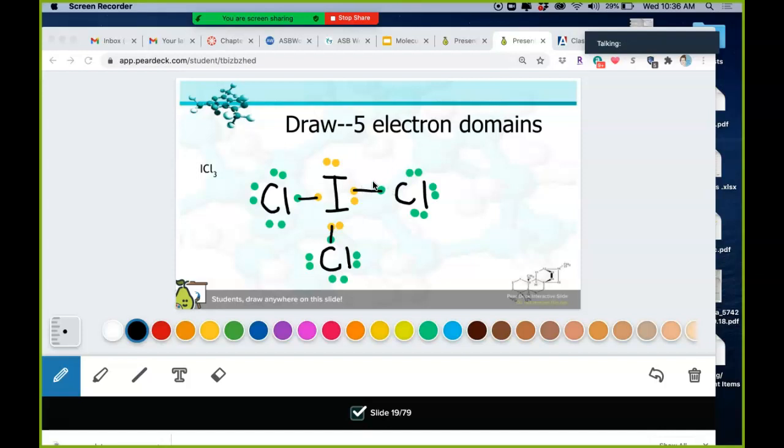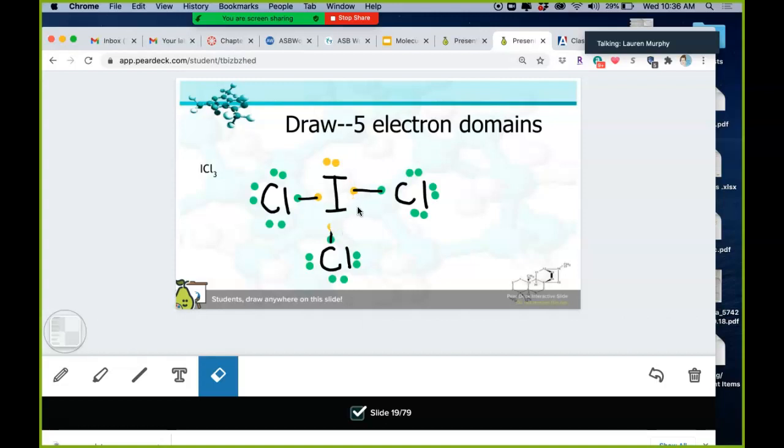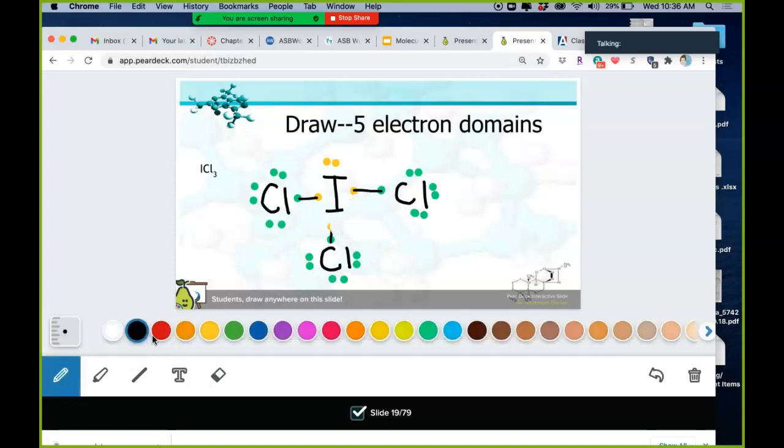Okay. So you kind of see this, right? And then you should notice that there's this electron by itself and there's this electron by itself, which really is a lone pair of electrons. You just kind of need to reorganize them so that they're next to each other. So I'm going to do that. So I'm going to put them both on top of here. And then we'll talk about how they are in space.